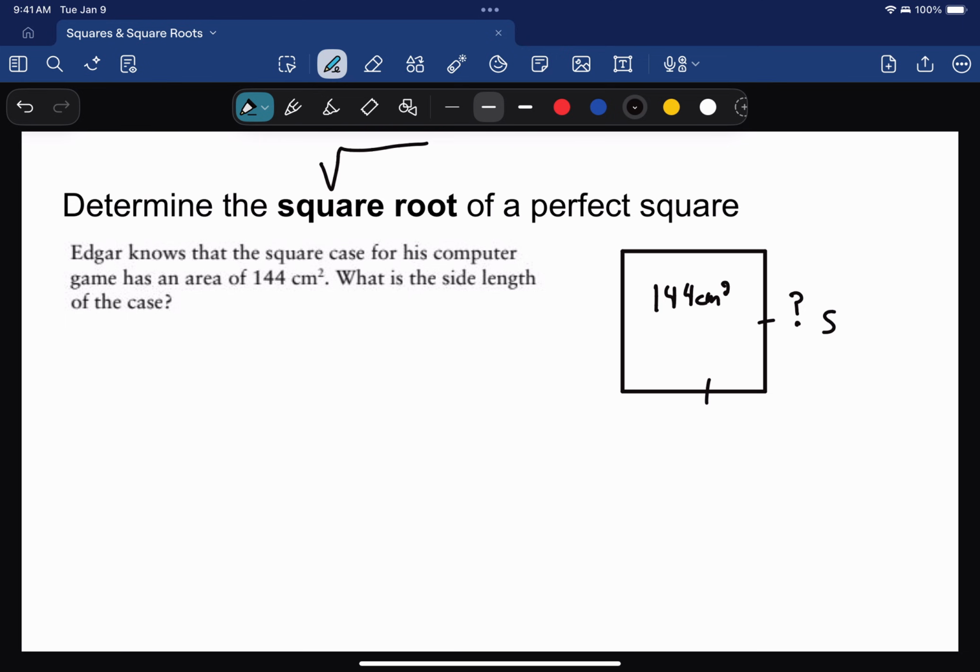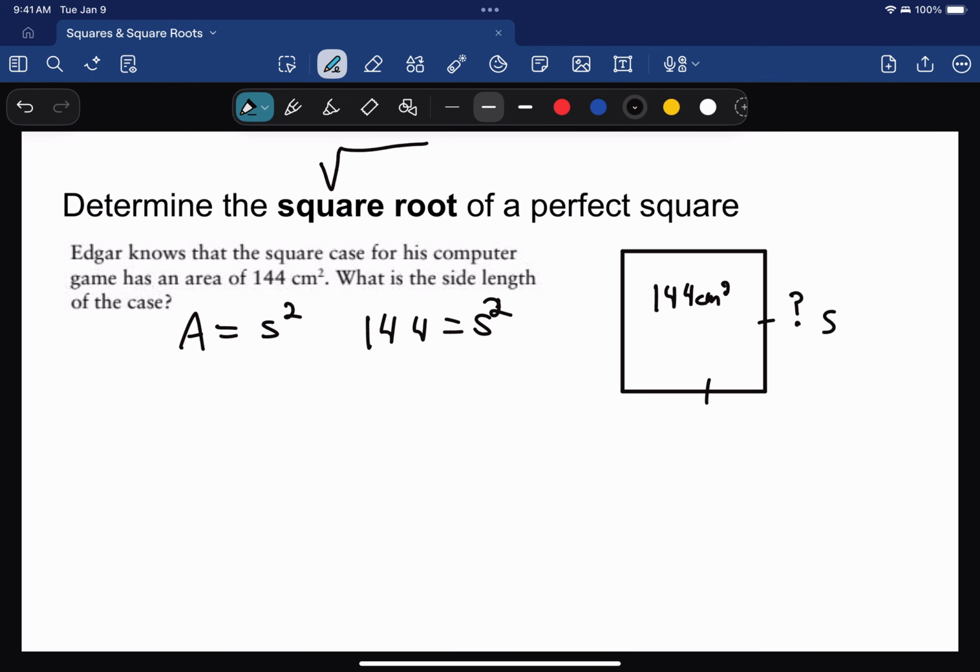So we know that our area equals S squared, right? And so what we could do here is if we find the square root, so 144 equals S squared, right?